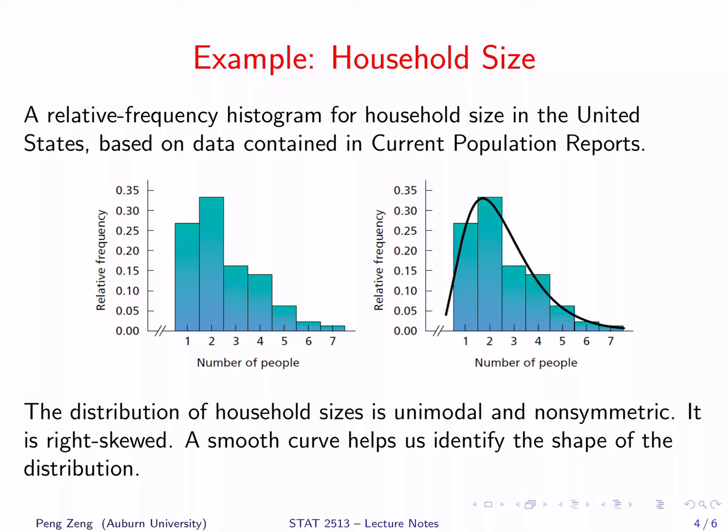It is greatly helpful when trying to identify the shape of a distribution. We can see that the values range from 1 to 7. This histogram has only one peak, so it is unimodal. Clearly, it is not symmetric. It has a tail on the right, so we may say that it is right skewed.